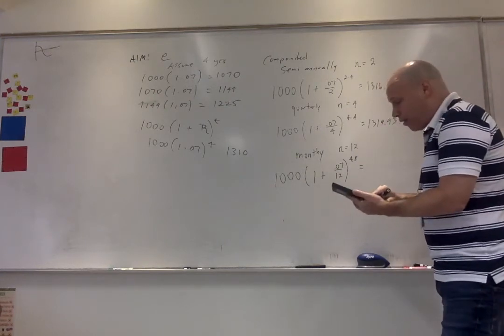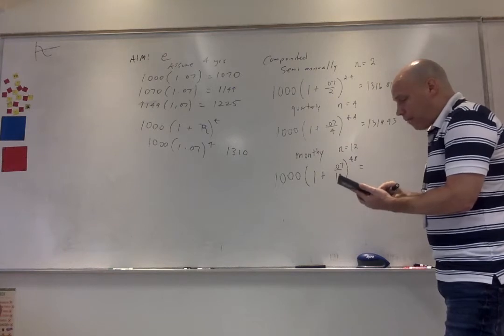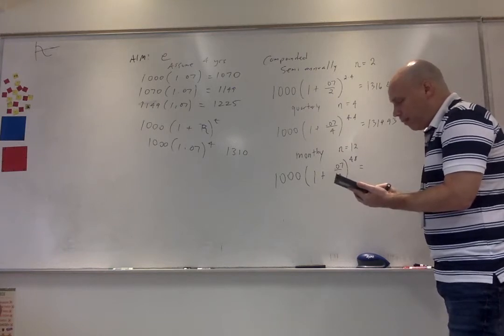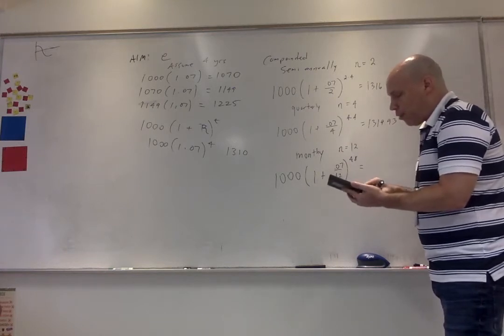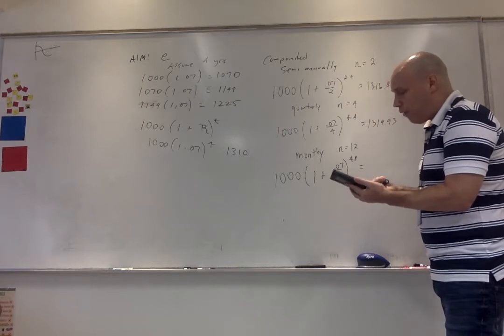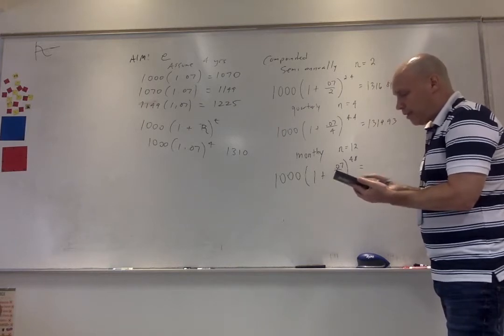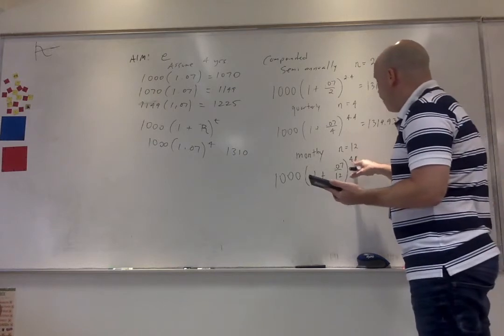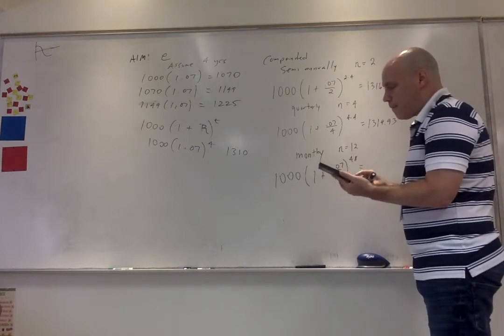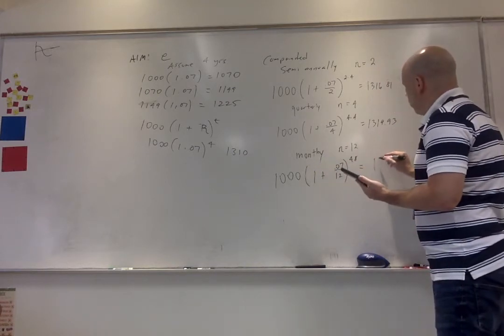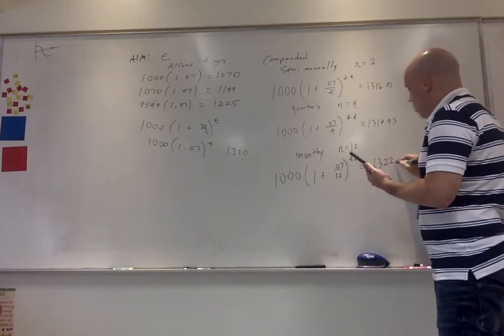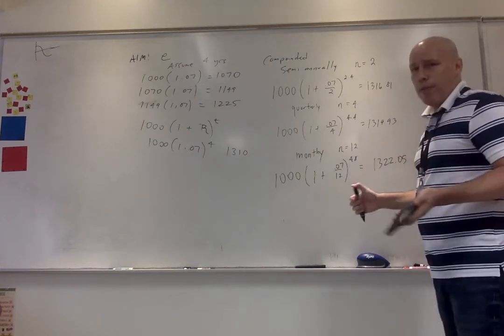So I do 1,000 times 1 plus 0.07 divided by 12, close parentheses. I'm going to raise this to the 48th power. 1322.05.